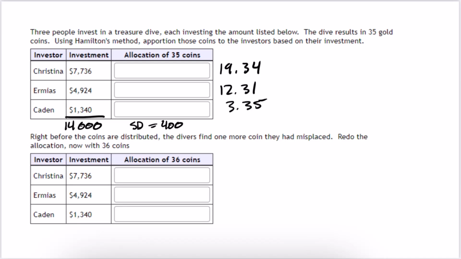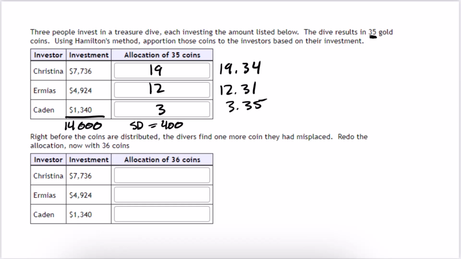The lower quotas for that would be 19, 12, and 3. But if I add up all of those numbers together, 19 plus 12 is 31, plus 3 is 34, which means we have one more gold coin that hasn't been apportioned yet.